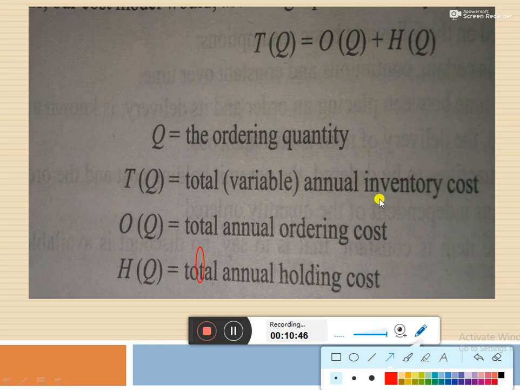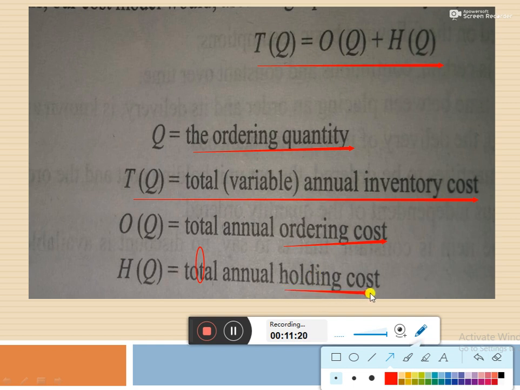So the economic order quantity or classical model can be represented in a mathematical equation form, in which Q denotes the ordering quantity, T denotes the total annual inventory cost, that is total variable annual inventory cost, as the only variable costs under this model are the ordering cost and the holding cost.